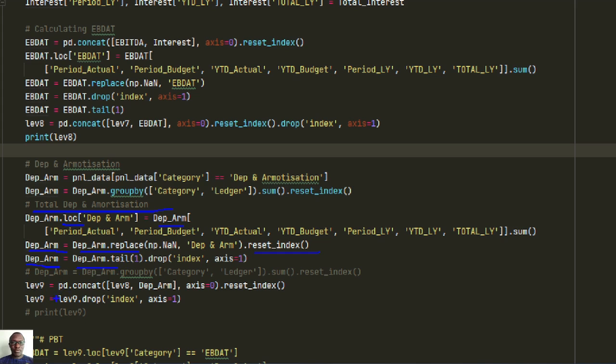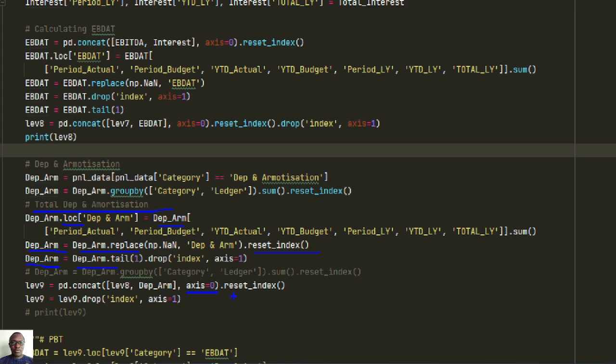Then we are saying level 9 is equal to pd.concat. We are now concatenating level 8 with this dep and amortization data frame, and then the axis is 0 because we are concatenating along the rows.